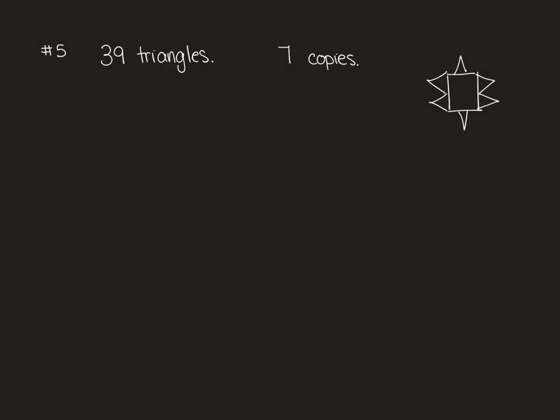Question 5 tells you that there are 39 triangles, and they're wanting to know if you have enough triangles to make 7 copies of this shape. So you have a couple options here of how you can solve it. You can make your chart of squares to triangles, and fill it in to go up to 7 copies.